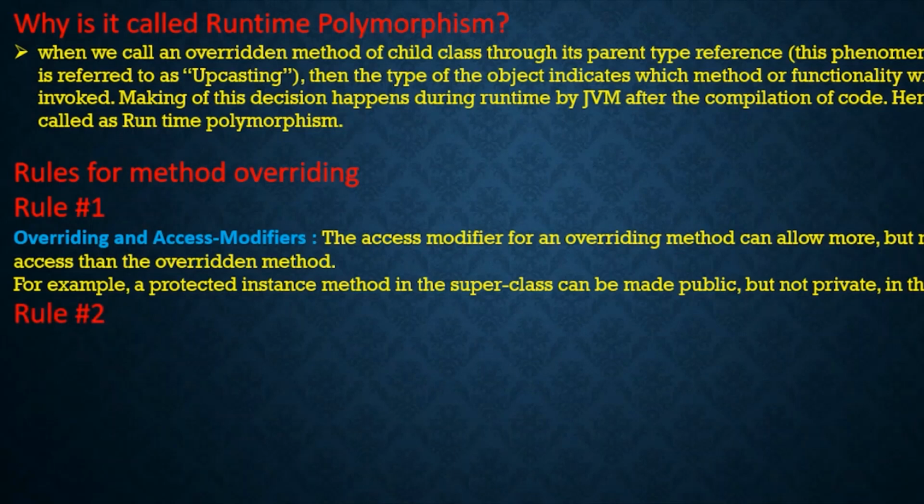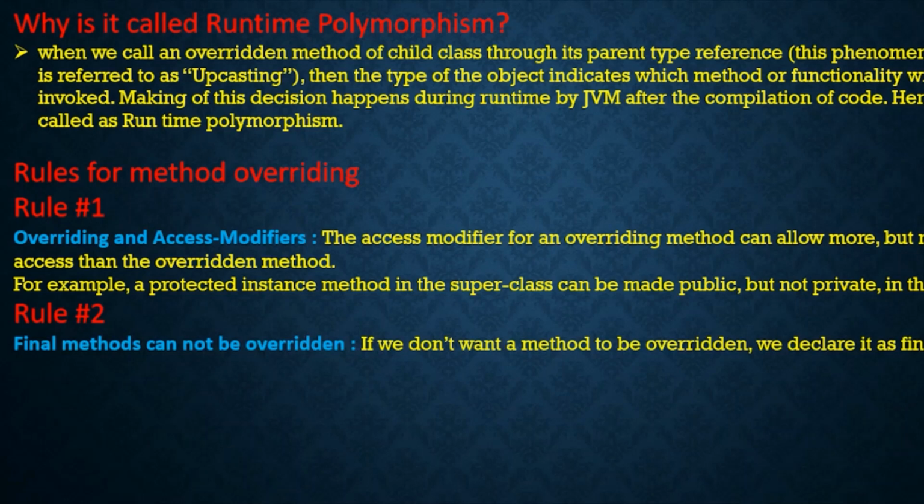Then rule 2 explains that a final method cannot be overridden. If we have a final method in the parent class, then in the child class we cannot override that final method. That is the rule while overriding, because Java doesn't allow overriding a final method.